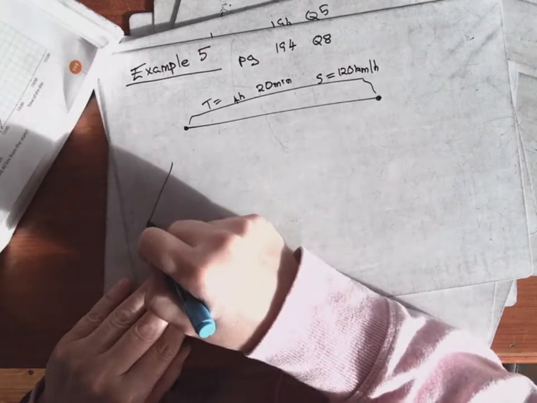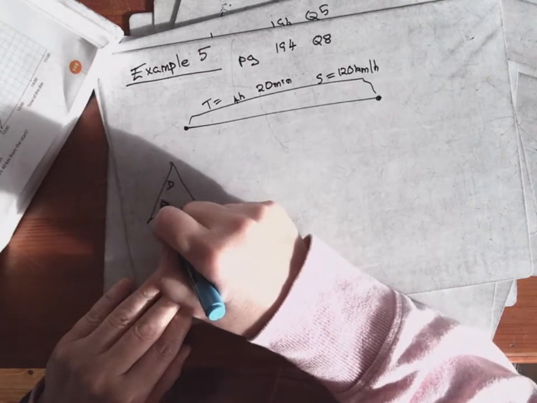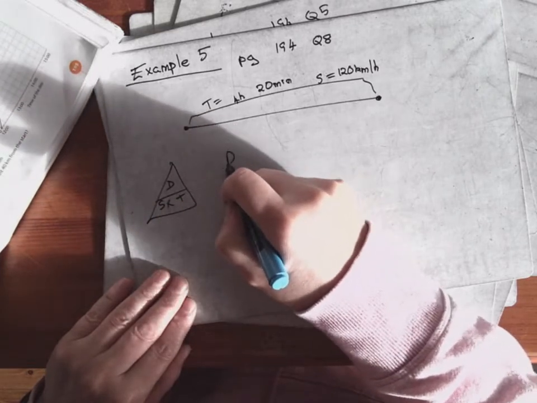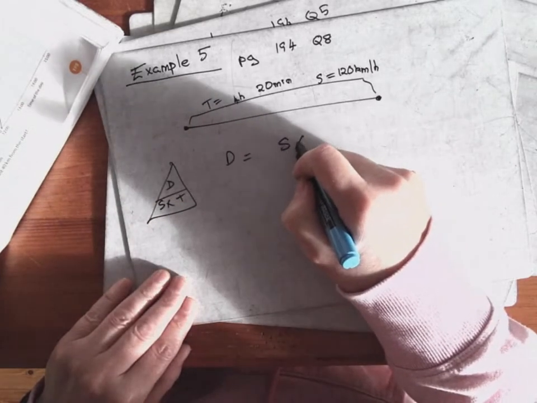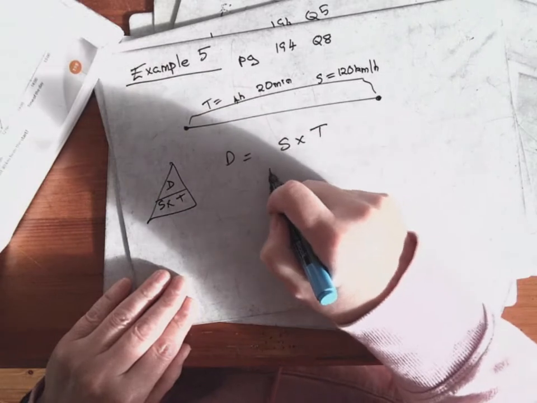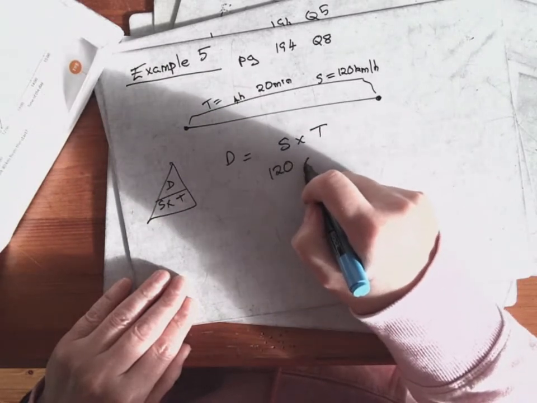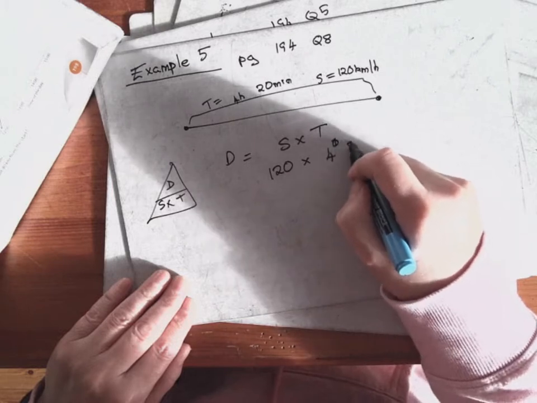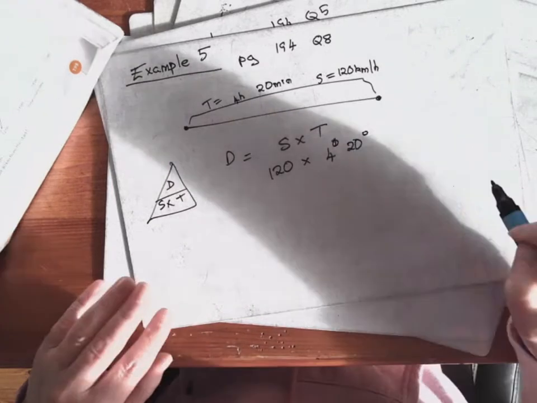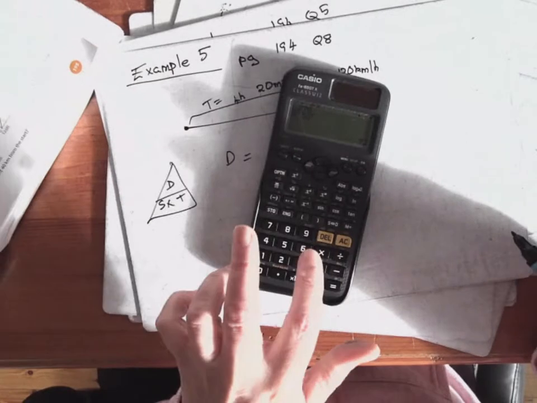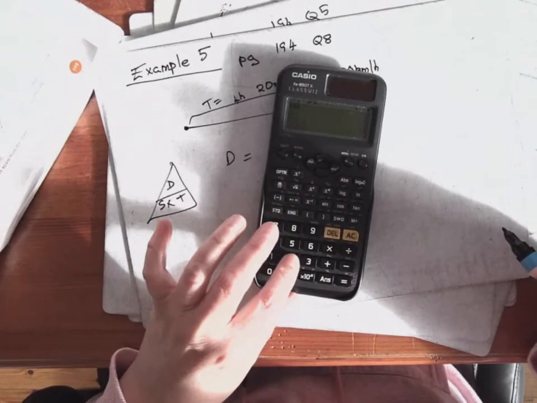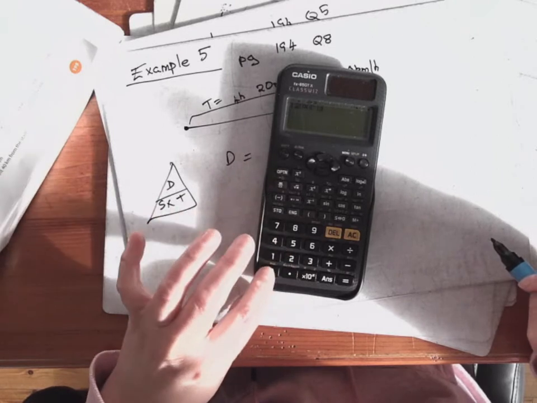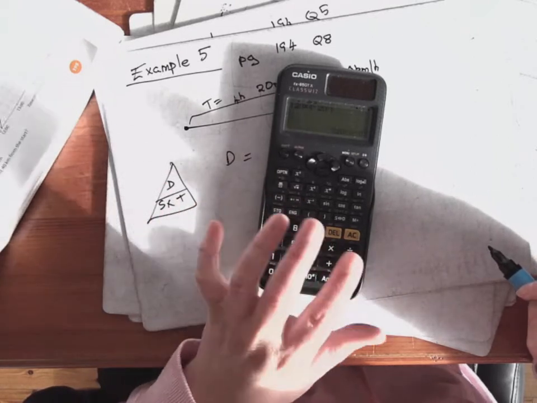So we go to that silly triangle. The formula for distance is speed multiplied by time. So I'm missing the distance. So speed multiplied by time, that's 120 multiplied by 4 hours and 20 minutes. So on the calculator, I have 120 multiplied by 4 hours and 20 minutes equals.